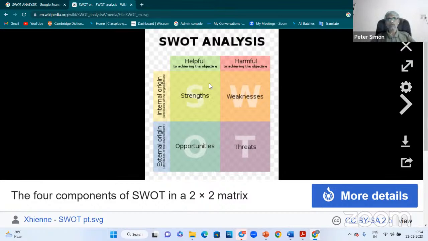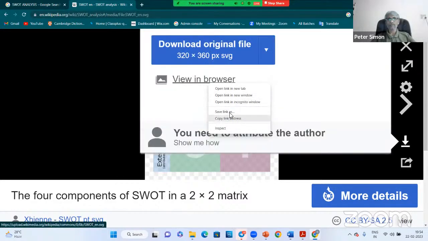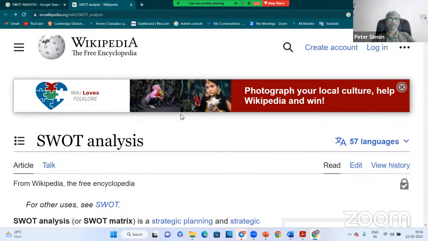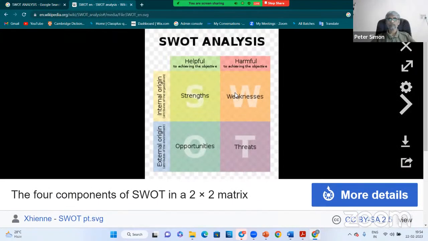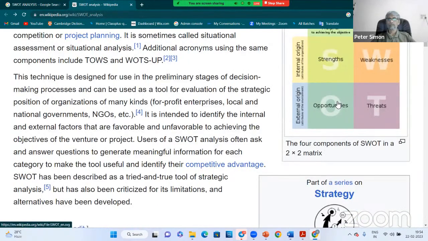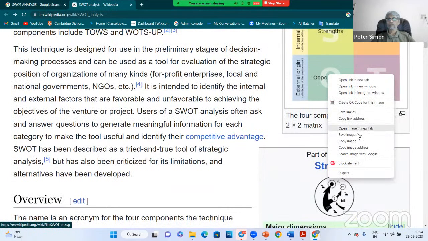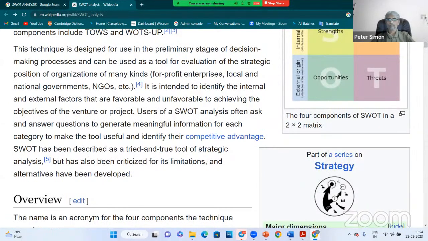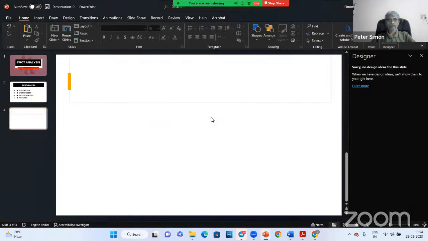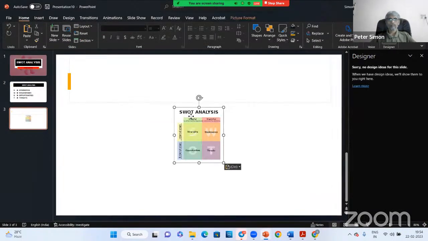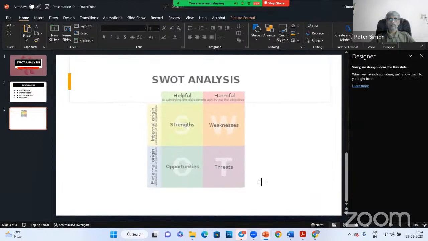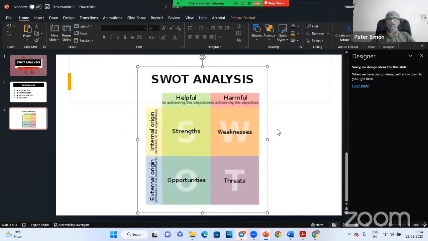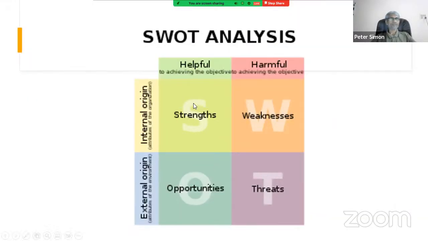The strengths, you already have them. Yes, strengths are the positive things.